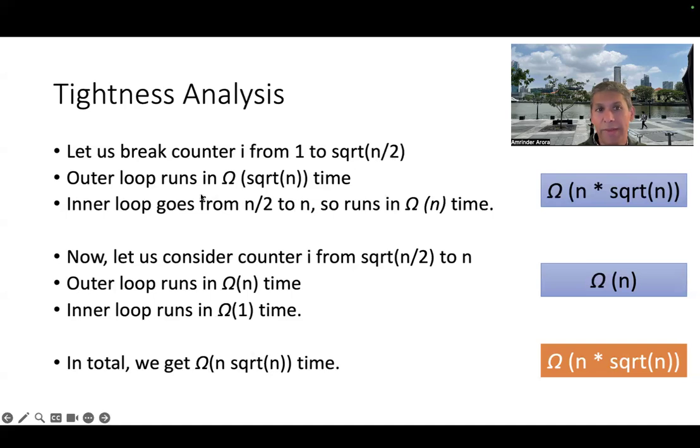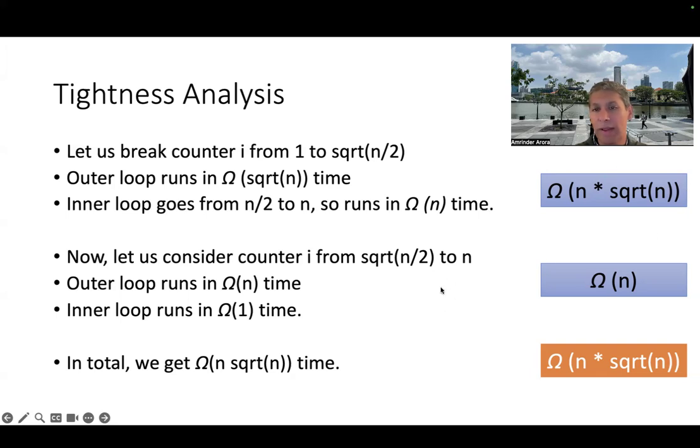In this case, the outer loop will take at least square root of n time. However, the inner loop will start from n by 2 because, as you recall, it goes from i squared, which in this case will be n by 2, to n. So it runs in big omega of n time. Therefore, this part itself takes n square root of n time.